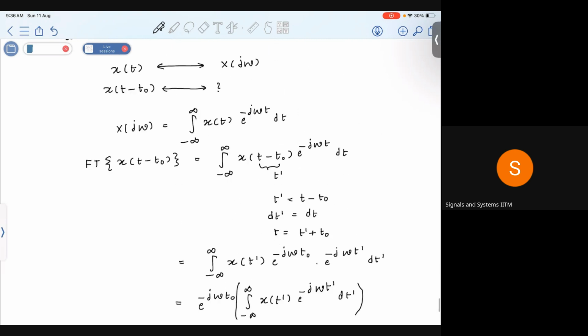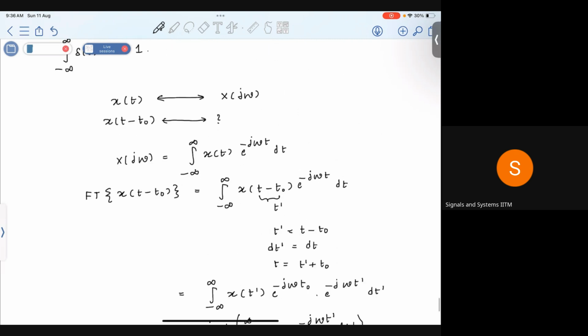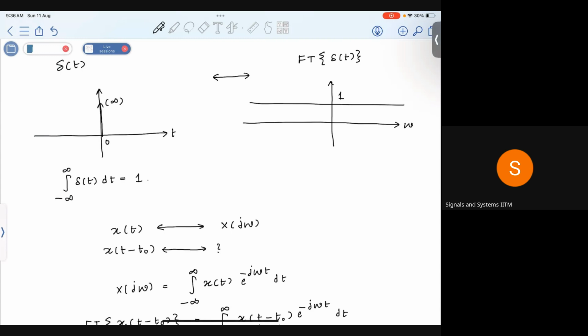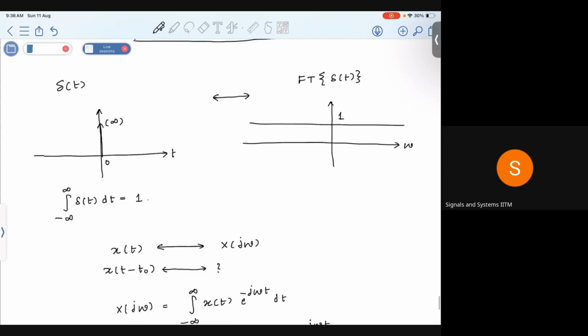This is known as the time shifting property of the Fourier transform. When you do differentiation in the time domain, you can find what happens to the signal in the frequency domain. While you do integration in the time domain, you can find what happens to the signal in the frequency domain. And there are lots of such properties for this Fourier transform. I hope it is clear.